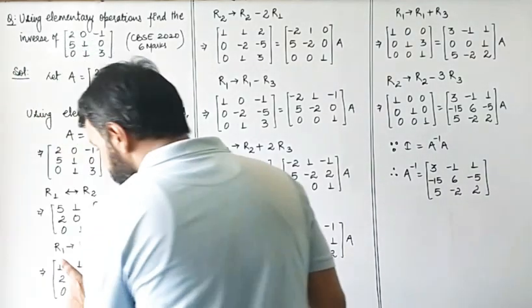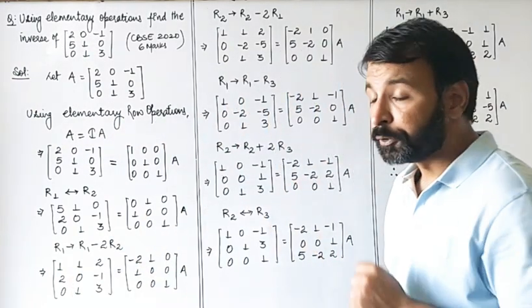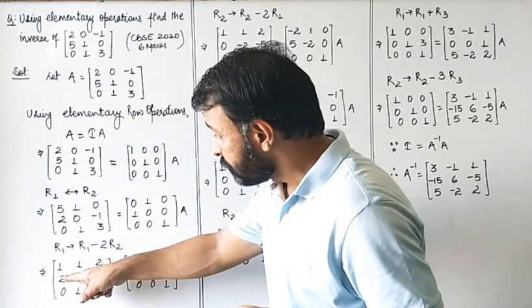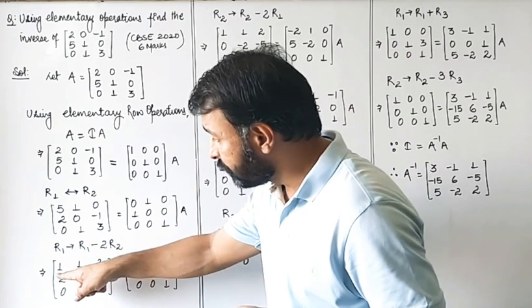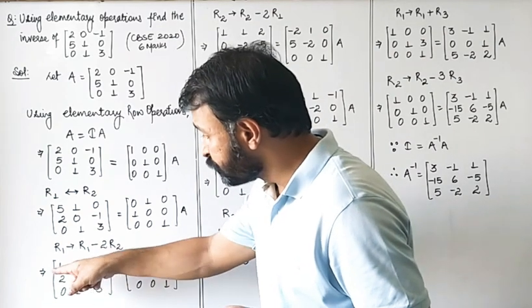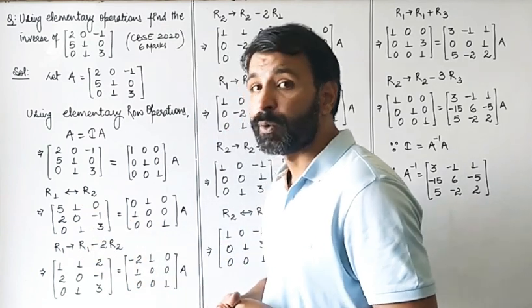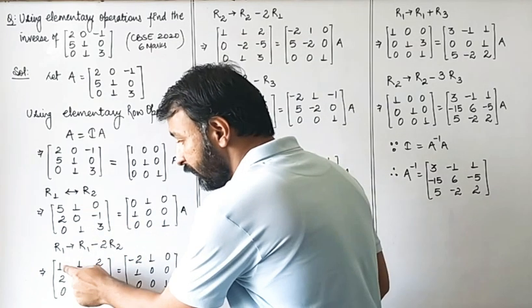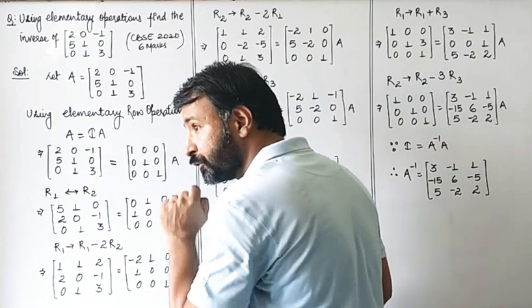Now we have to make this element as 0. So we will apply the operation row 2 tends to row 2 minus twice row 1. ठीक है, ये 2 है, ये 1 है, इसमें से इसका twice माइनस करेंगे तो 0 मिलेगा.